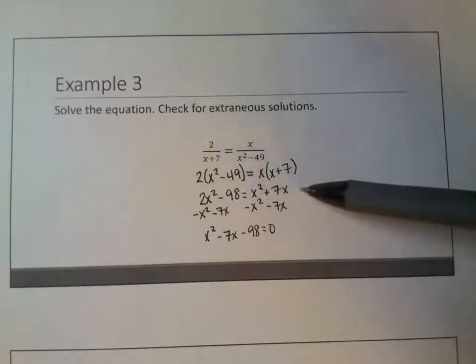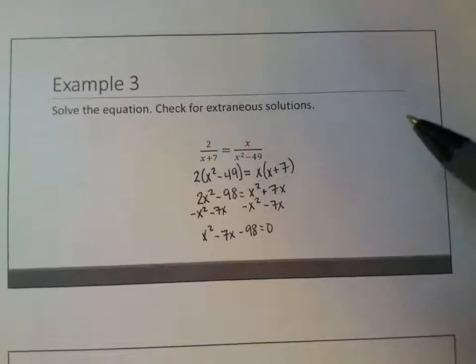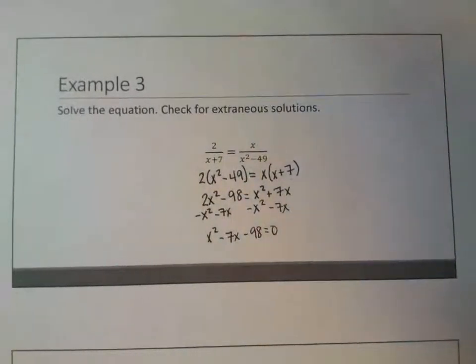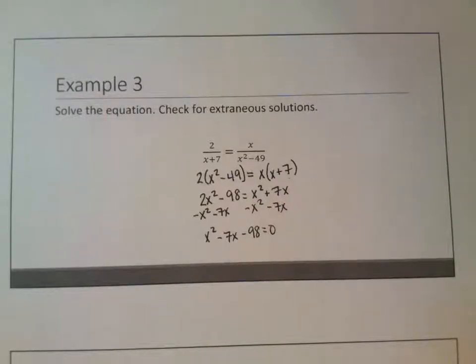I got x squared plus 7x over here, move both of those to this side so that I have that positive x squared, and I end up with x squared minus 7x minus 98. So I need two numbers that multiply to 98 and subtract to 7. What could they be? That would be 14 and 7.